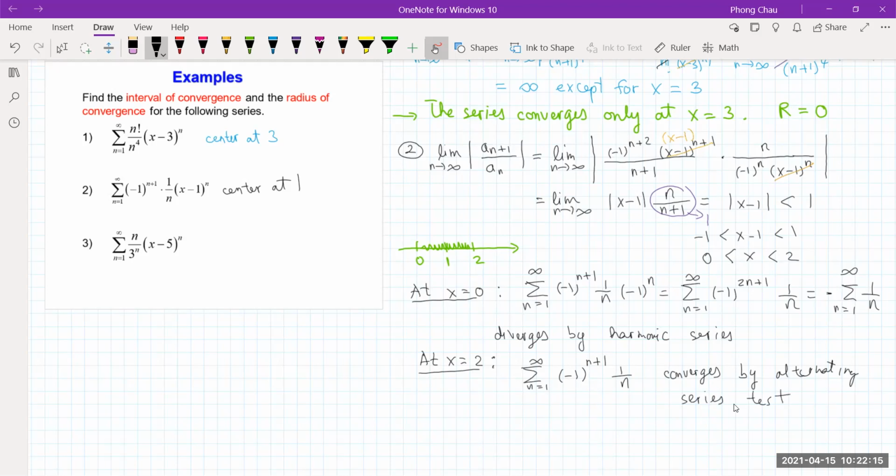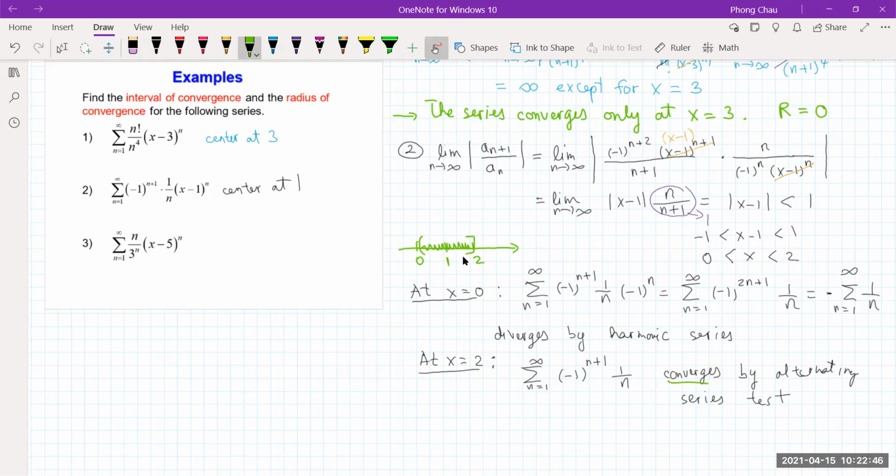Right, so after we've done the 2 endpoints, what do we conclude? The series converges when x is between 0 and 2. At 0, it diverges, and that means I cannot include the 0 and then use parentheses. At the other endpoint, it converges, so I'm going to include that endpoint too.